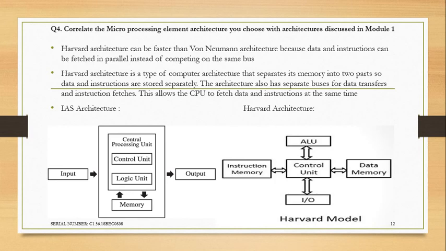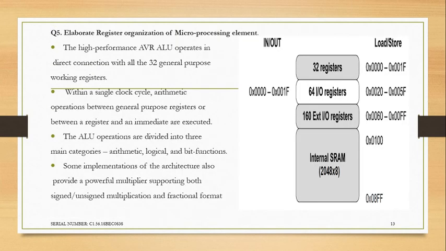Harvard architecture is a type of computer architecture that separates its memory in two parts, so data and instructions are stored separately. The architecture also has separate buses for data transfer and instruction fetches. This allows the CPU to fetch data and instruction at the same time, so it consumes less time, and hence a faster rate.